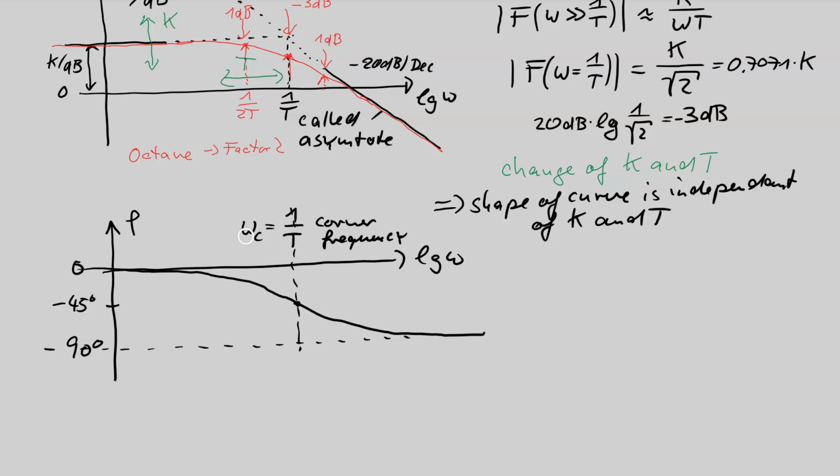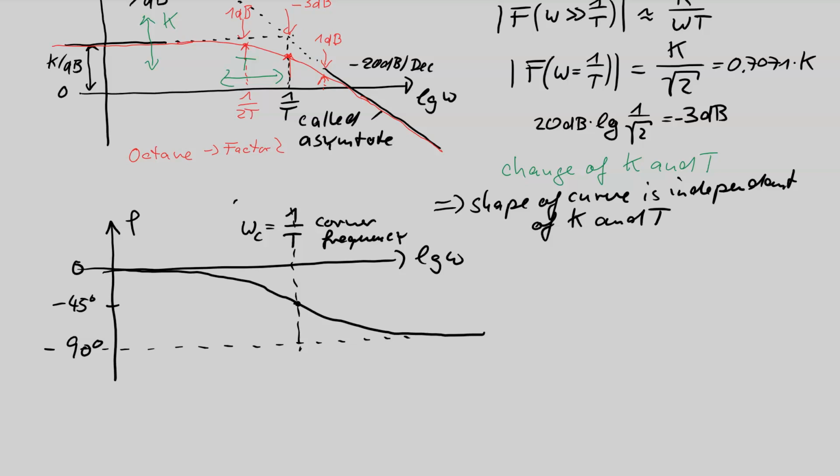Note that omega c is the inverse of the time constant without 2 pi, because the time constant has nothing to do with the period of the sinusoidal signal. Of course, if this is the frequency, we have to divide by 2 pi to get the radian frequency. In our case, the inverse of the time constant is simply the corner frequency that comes out of our discussion here.